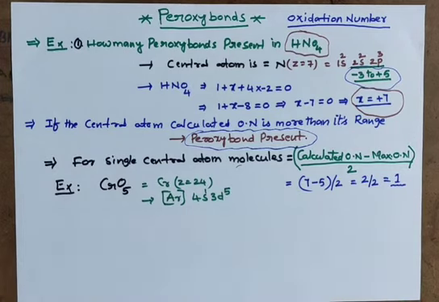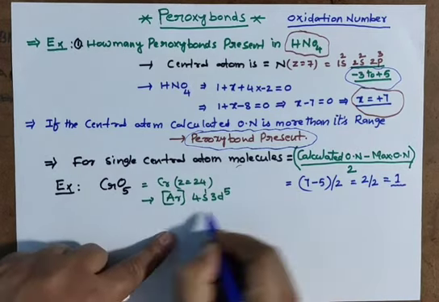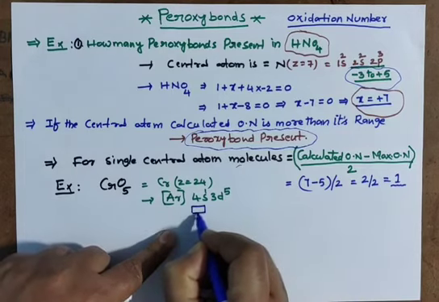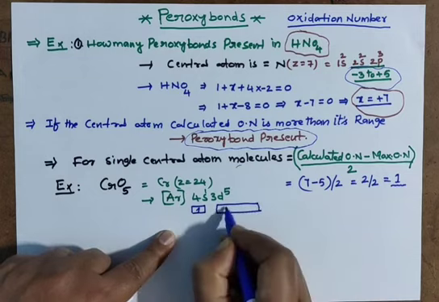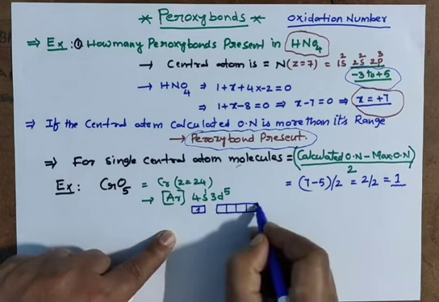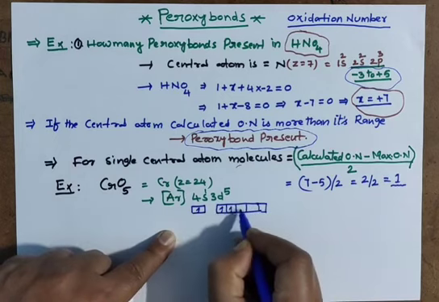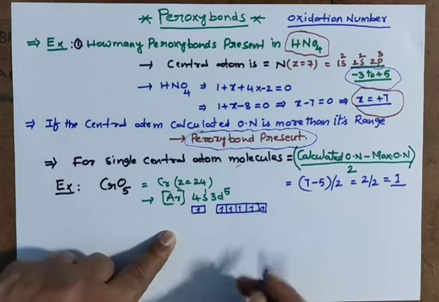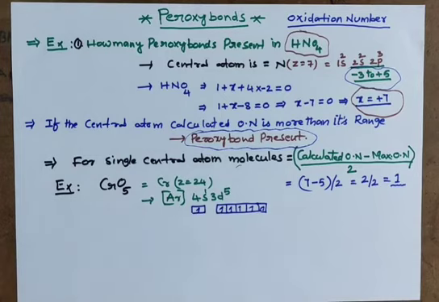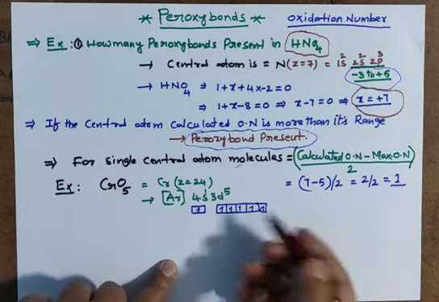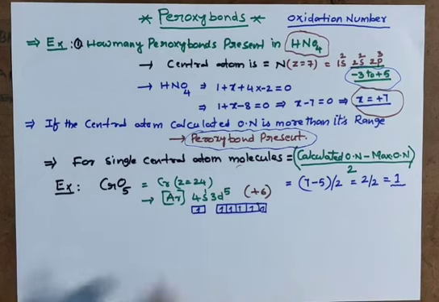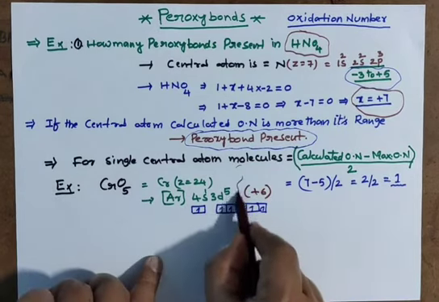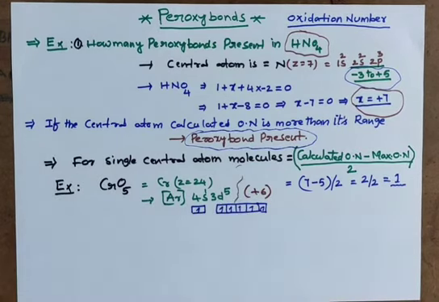So how many unpaired electrons are there here? In 4s you have 1 electron, and in 3d total 5, so 1, 2, 3, 4, 5. So 5 plus 1, 6 half-filled orbitals are present, meaning it can make 6 bonds. So the oxidation number is plus 6. Chromium's maximum oxidation number is plus 6.